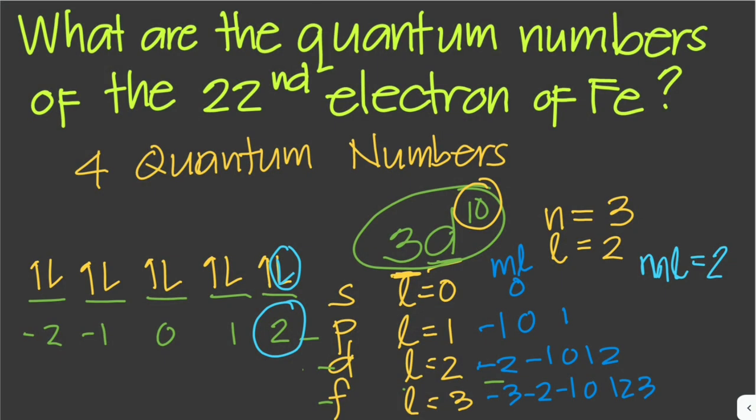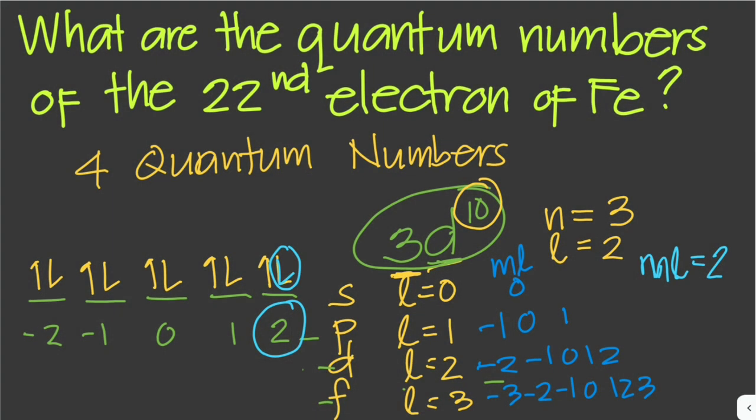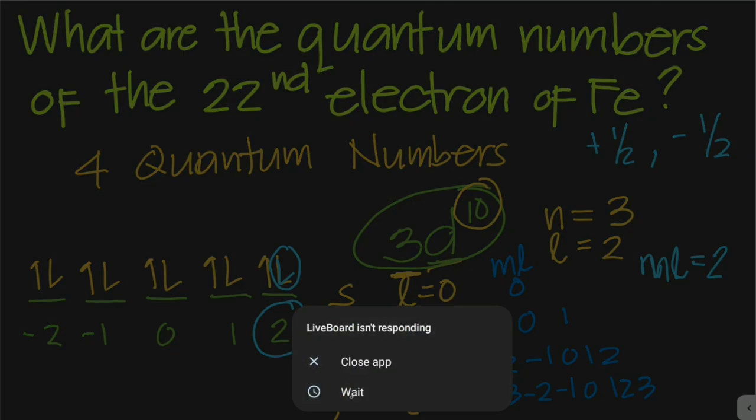Now let's find the ms, or the electron spin. So how do we identify that? Now for the electron spin, or ms, there are only 2 values, positive 1/2 or negative 1/2. It depends on where the arrow is facing.